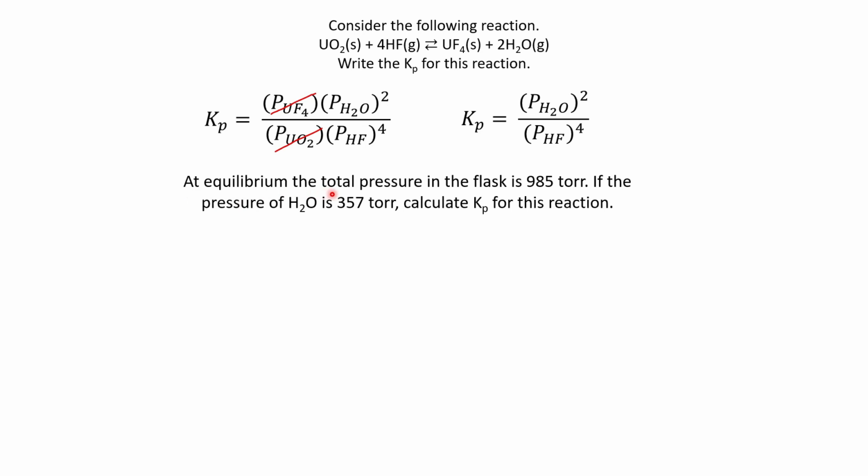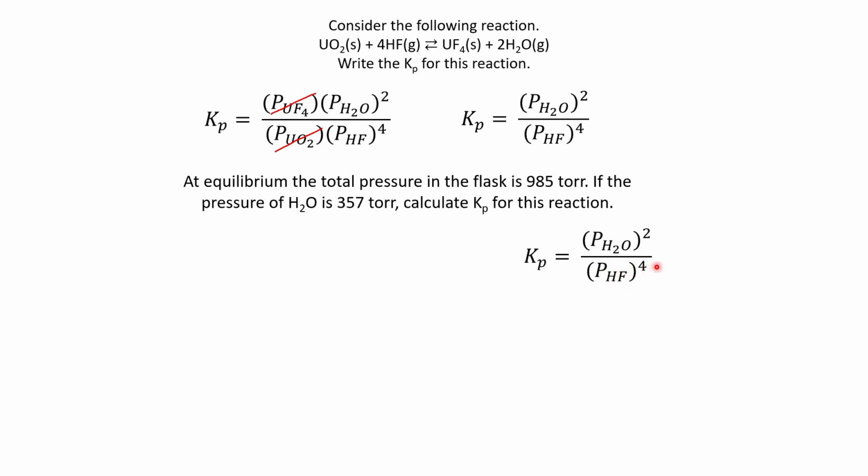At equilibrium, the total pressure in the flask is 985 torr. If the pressure of our water is 357 torr, calculate Kp for this reaction. We know that for our Kp, we simply need our water and our HF, but the problem only gives us the pressure of our water. How can we find the pressure of our HF?